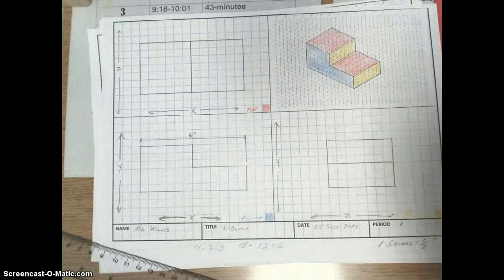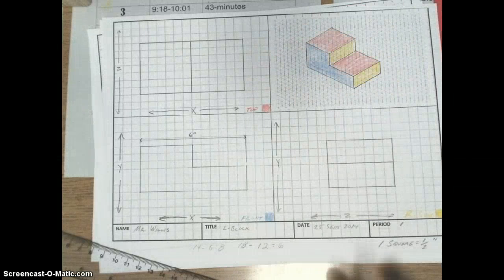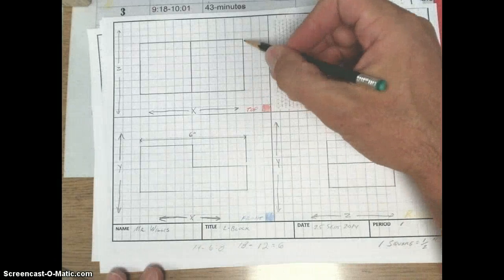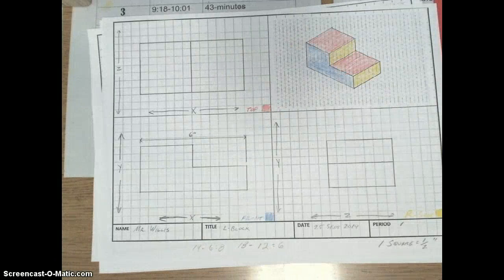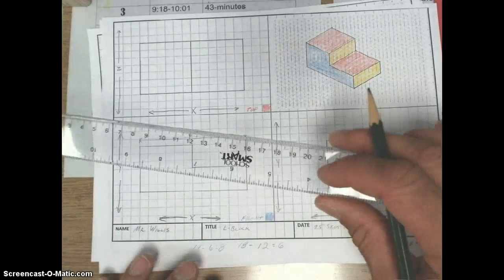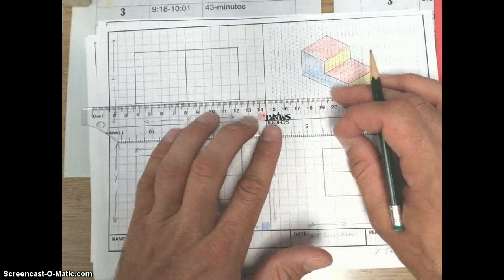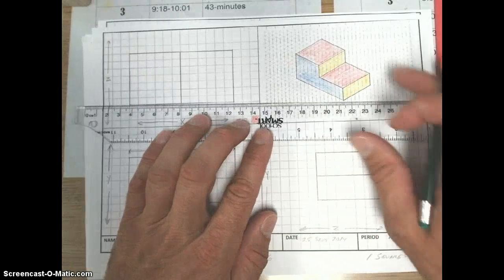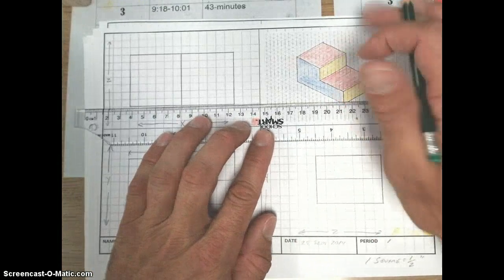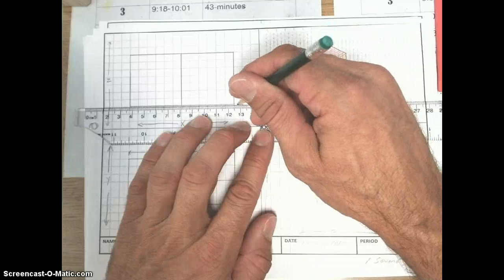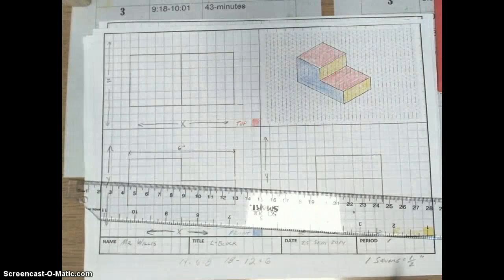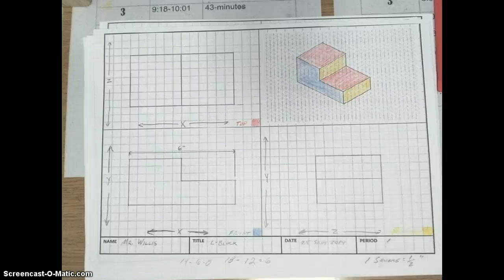Starting up here on the top, we said we were going to do depth on the top view. So what were these first two little lines that I drew called? Not projection this time. Starts with an E. Extension lines. Thank you. So about 1/8 of an inch or 1/2 of a block off of the object, and then I make them about 1/2 of a block long.